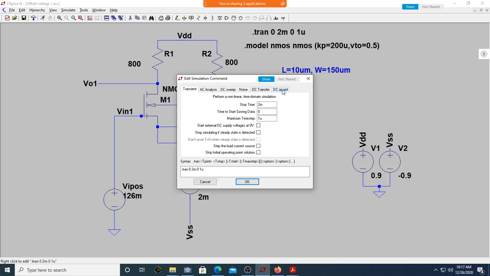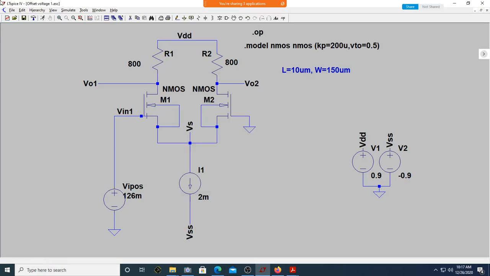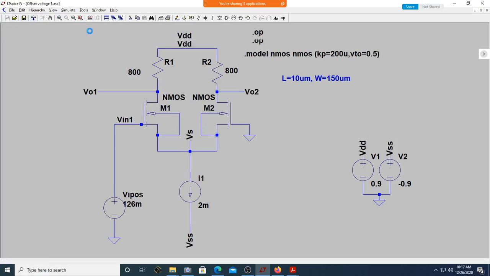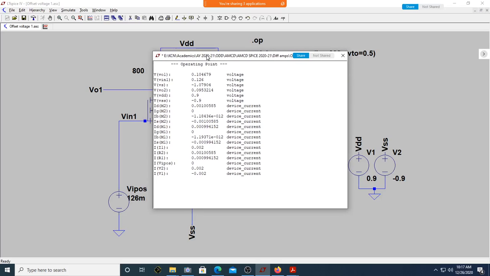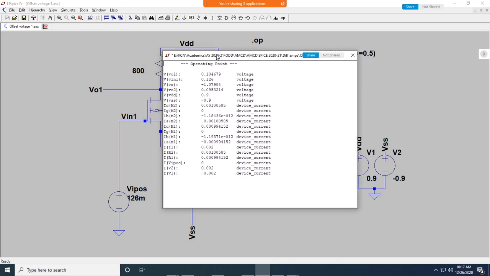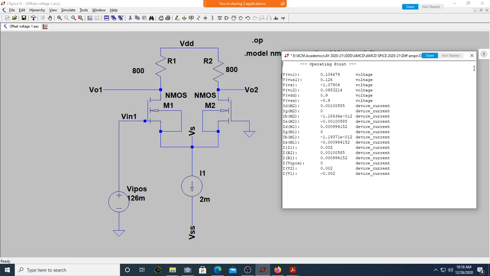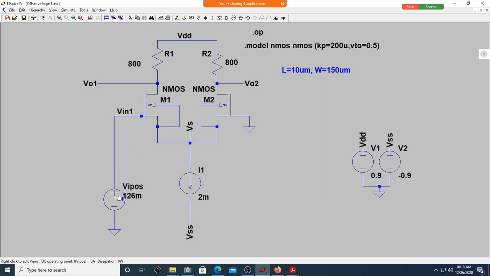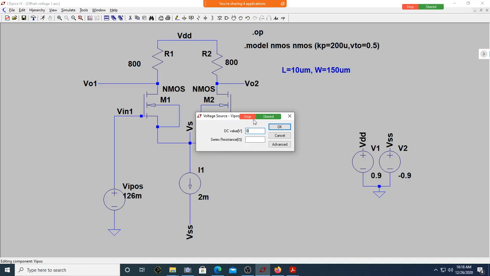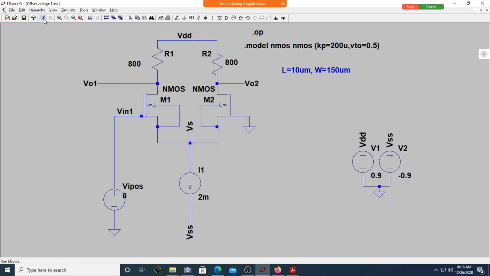Let me do dot op of this. Okay, how much is input offset voltage? VOV by 2. Let me first make this 0 and then try to find out. This is 0. Let me run.